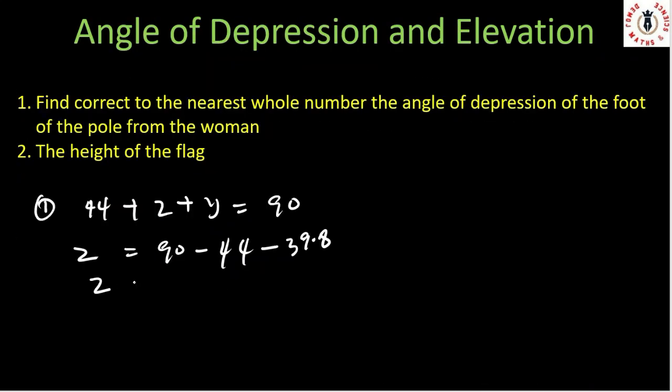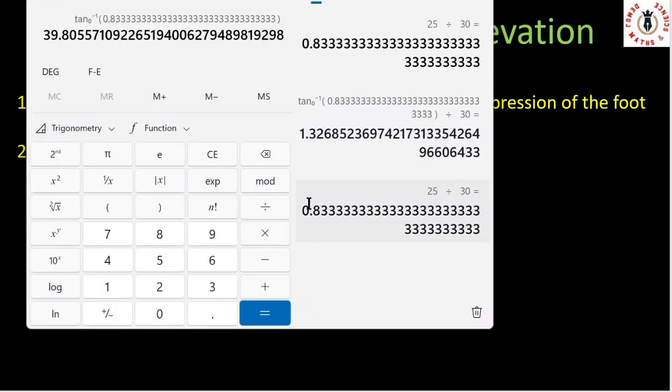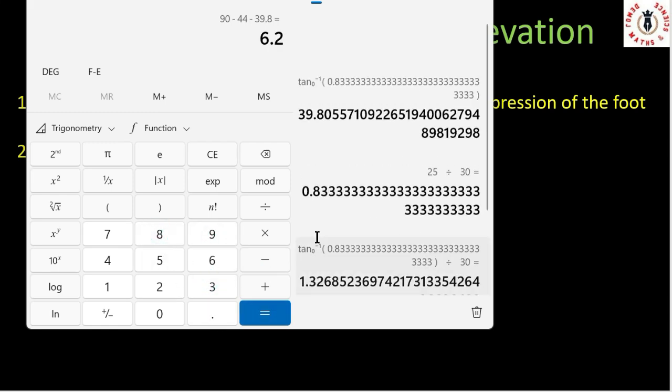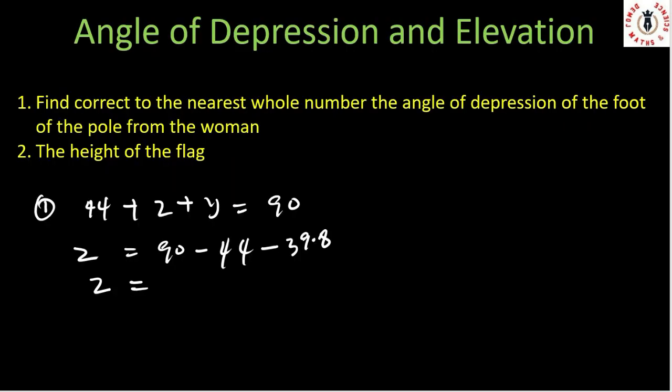So Z will be 90 minus 44 minus 39.8, using my calculator, which is 6.2. So Z is 6.2 degrees.